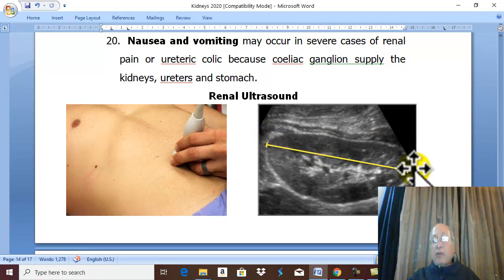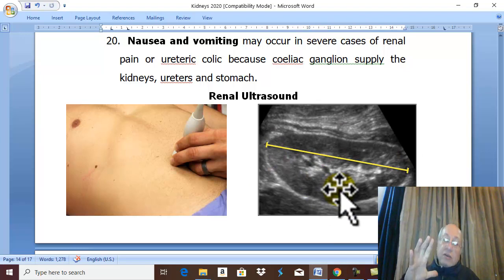Therefore, we see the picture of the kidney in ultrasound, and the computer will make this line, and they measure the length of the kidney, measure the transverse diameter of the kidney, and show the thickness of the kidney, to show the size of the kidney, whether enlarged in pathology or not.